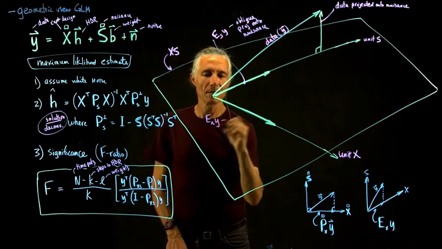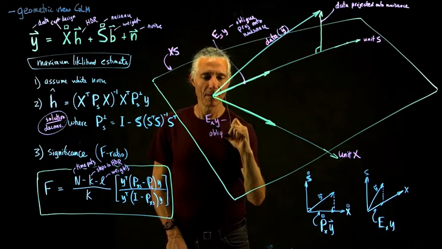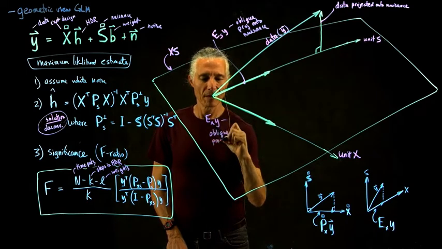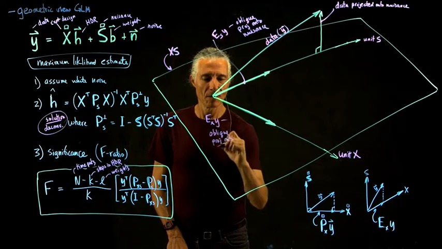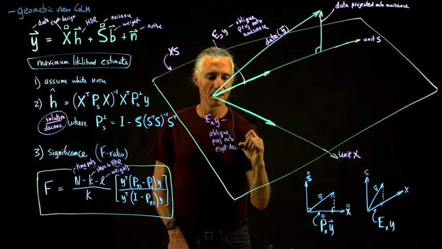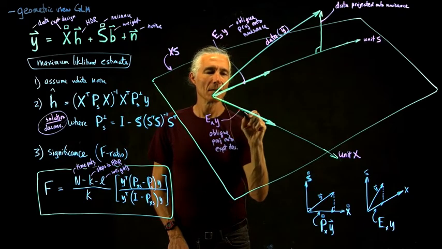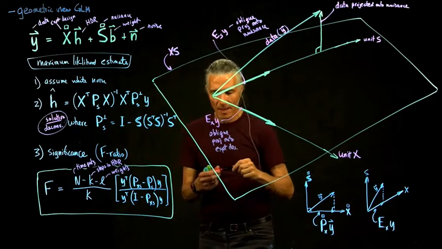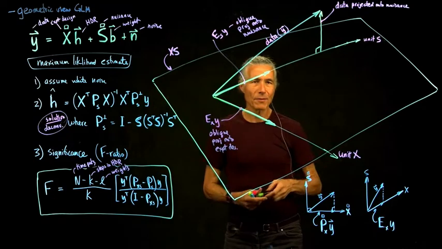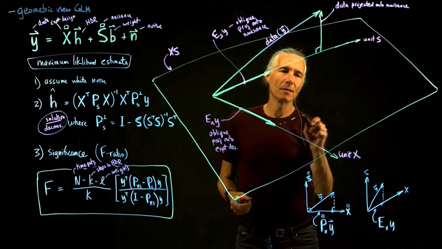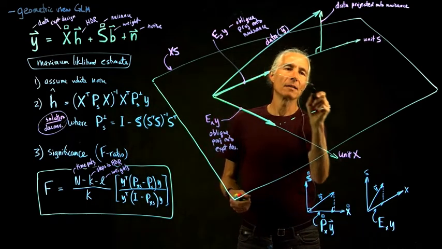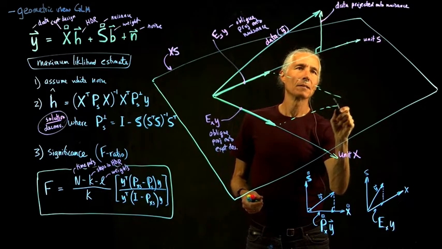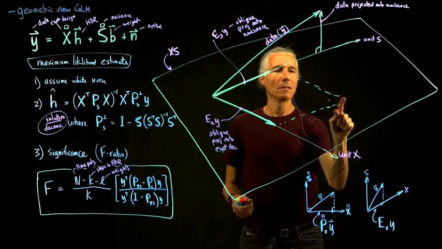So this is the oblique projection onto experimental design. That's this guy. And then we could add those 2 together, and if we add these 2 together, we're going to get something over here like that.